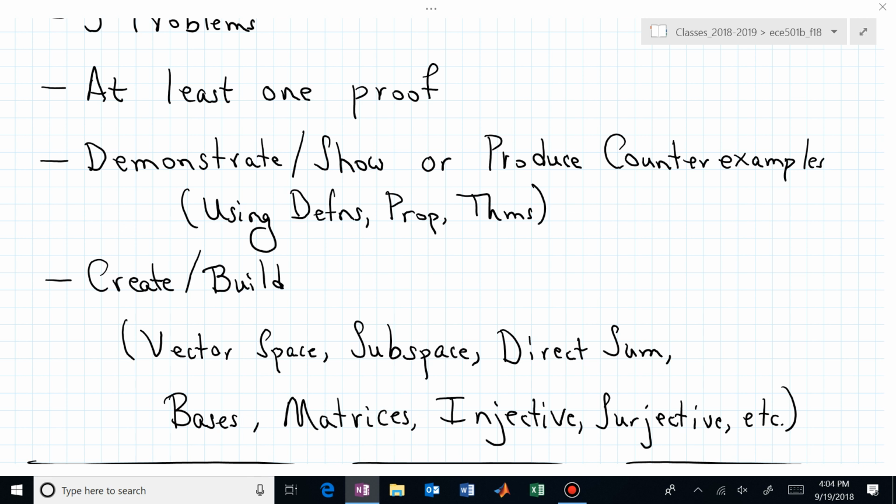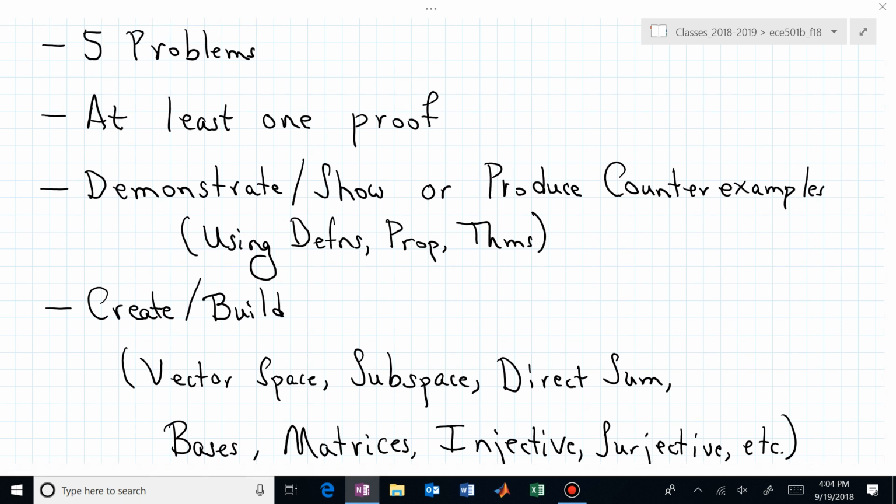You might ask, is this linear map injective, surjective, etc.? Those are the kinds of problems that you can expect to see on your exam, which will occur in 1 week.